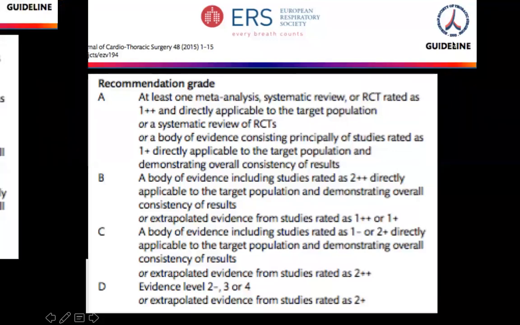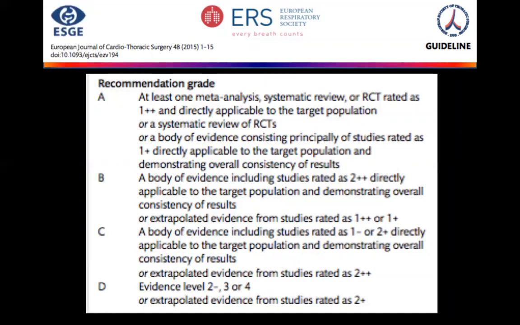Good, thank you. What is class of recommendation? Sir, in this particular paper, there is only class of recommendation, okay? Whereas level of evidence is different and class of recommendation is different. Thank you. Yeah, go on. Tell me what is A, B, C, D, and what is 1, 2, 3.